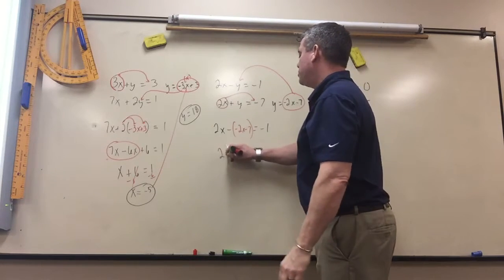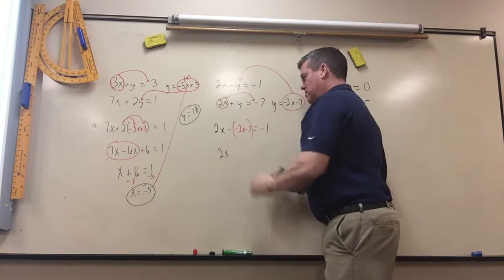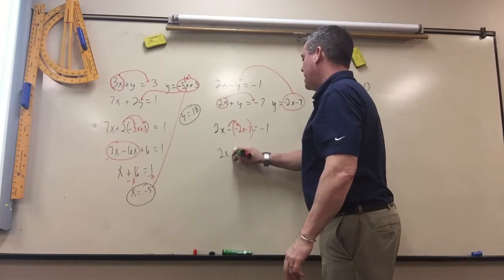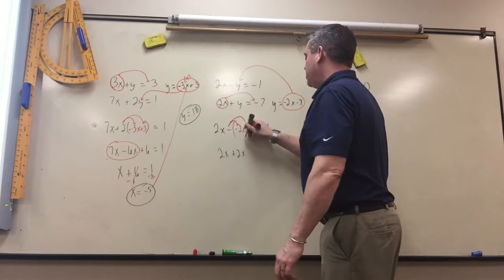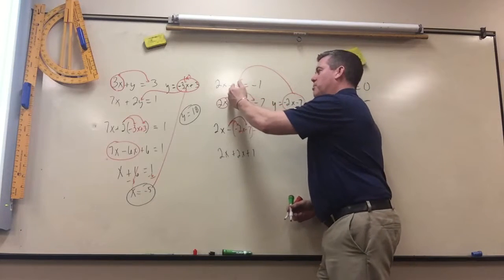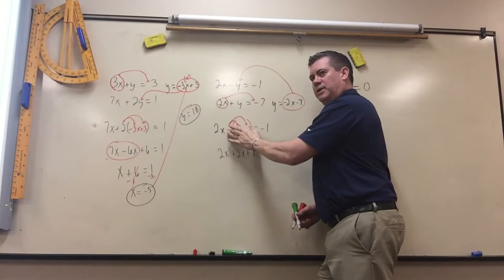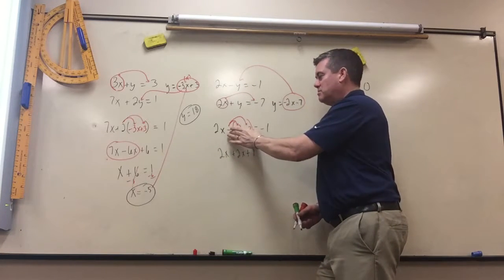So remember, what happens when you've got a minus in front of a parenthesis? Changes all the signs. That would change to positive 2x. That would change to positive 7. Again, if this were a plus, you wouldn't have to worry about it. But since it's a minus, you've got to change both the signs of it.